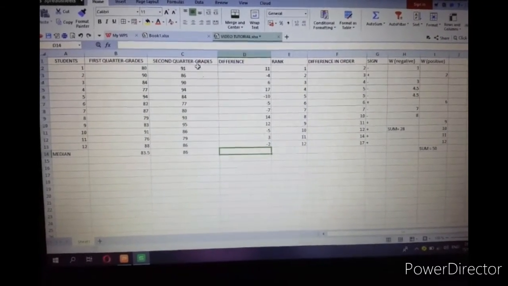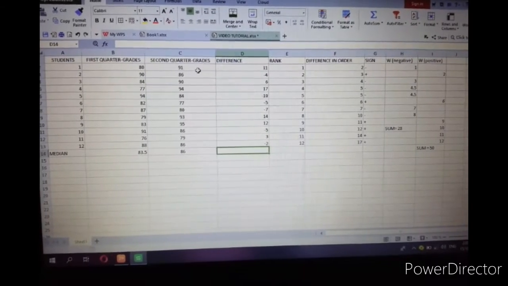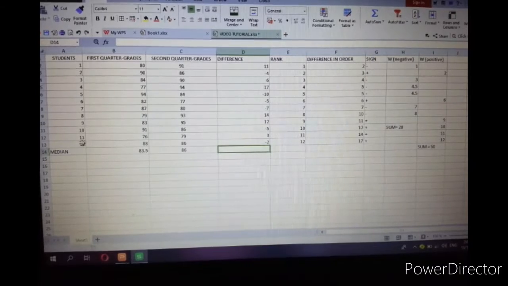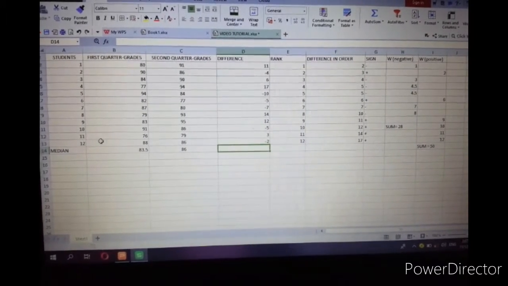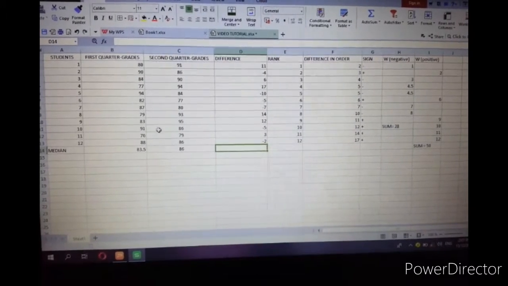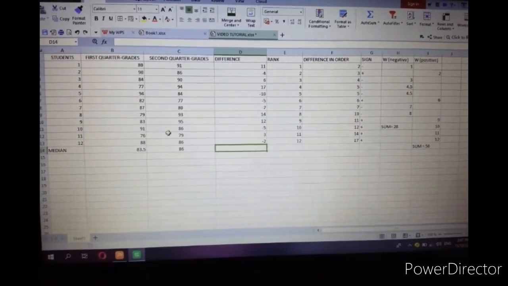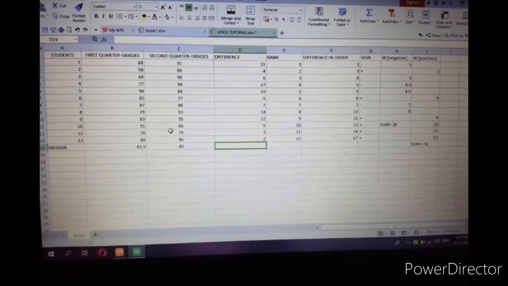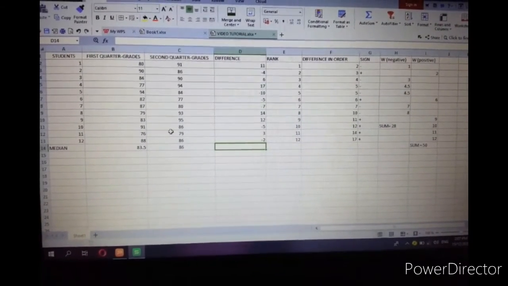So the formula is n times n plus 1 divided by 2. Our n is 12, so we substitute: 12 times 12 plus 1 divided by 2. The result is 78, so it's greater than 20.